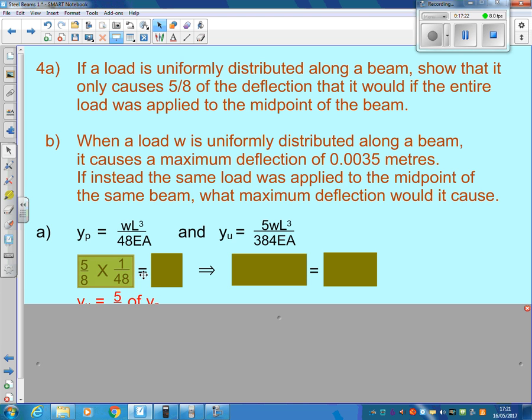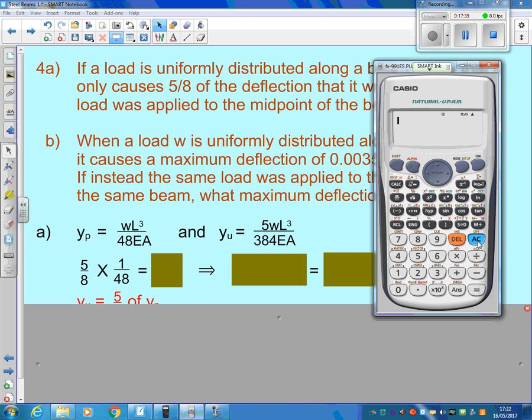So we want 5/8 of this lot. Well, that means I'm going to be doing 5/8 times 1 over 48, and I'm going to have some letters involved. So all I look at is 5/8 times 1 over 48. Let's do that on my calculator. 5 over 8 multiplied by 1 over 48 equals 5 over 384. Do you see what's happened?